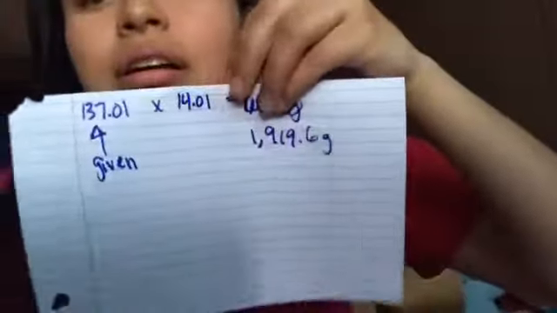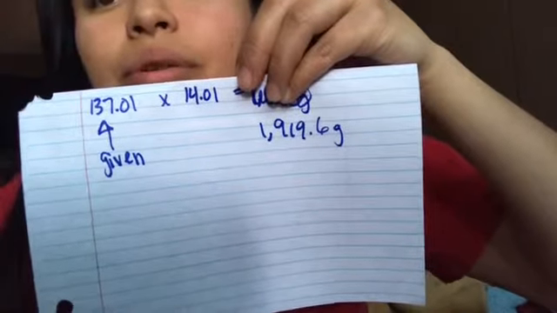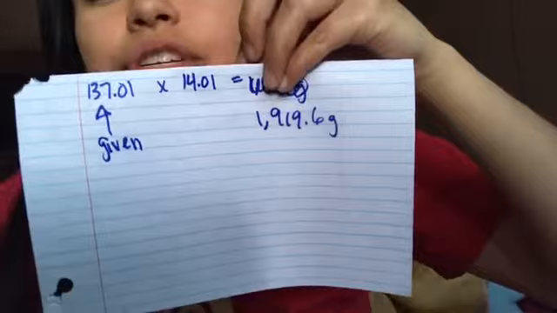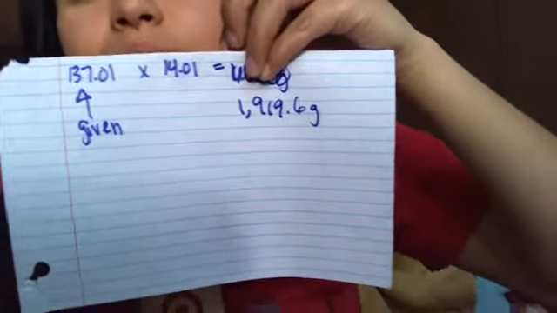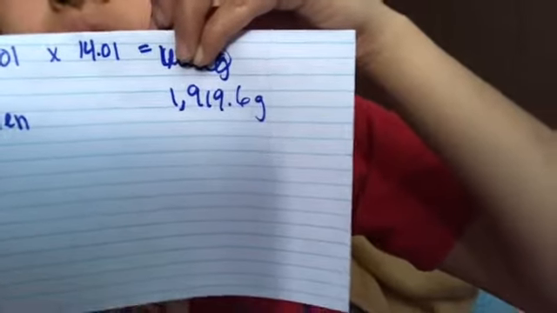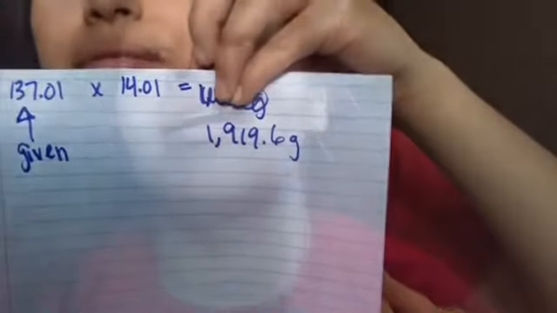So right here we have the 137.01 that was given times 14.01, and it would be equal to 1,919.6 grams.